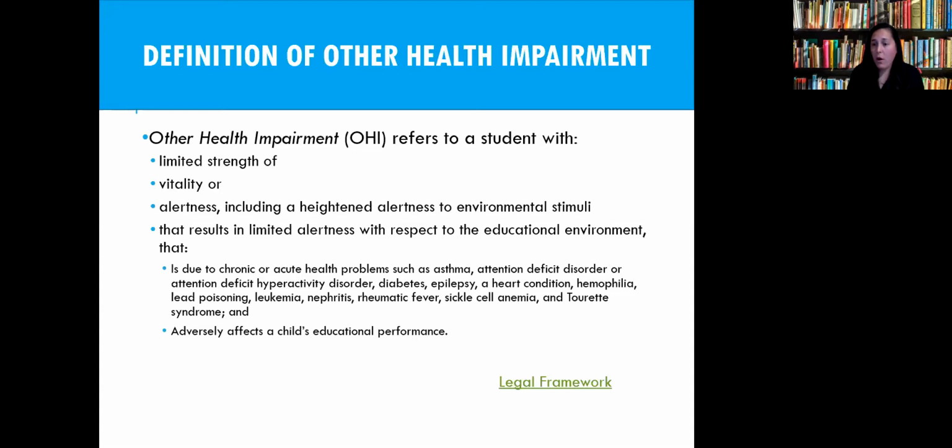There are some that are served under this condition for things like Down syndrome, cerebral palsy, Tourette's, but sometimes with Tourette's, the behavioral manifestation is such that they fall under more of the emotional disturbance category, which is the next slide that's coming up. But those are possibilities. So it really depends on the student.